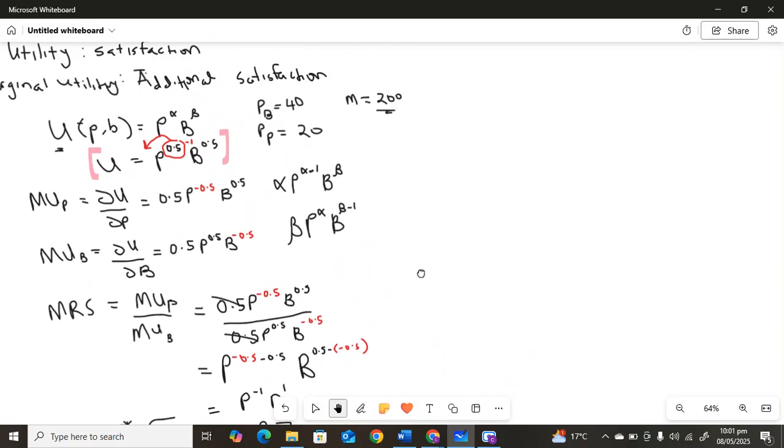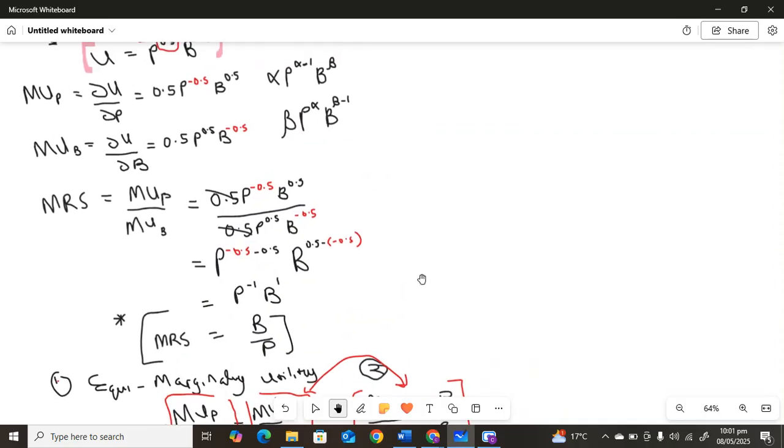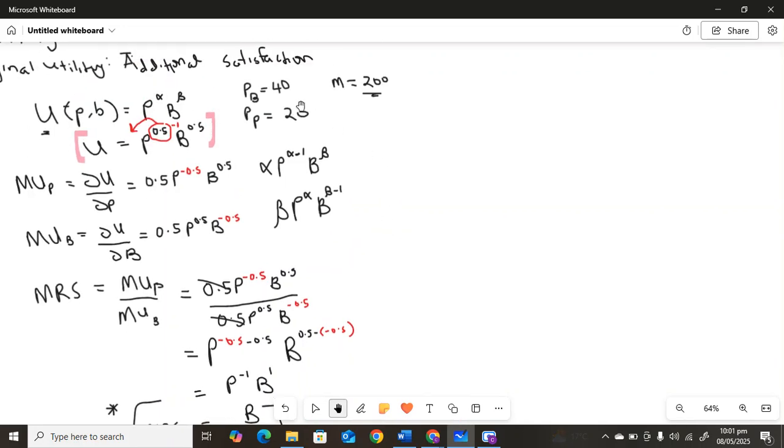So we want to get our slope so that once we get our slope and we use this tangent condition, we can get the best combination of pork and beef. We also need to form our budget constraint line. Remember, the budget constraint line is in this format: M equals P, P.